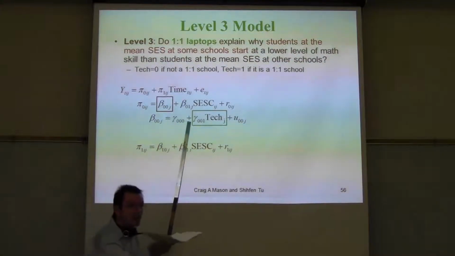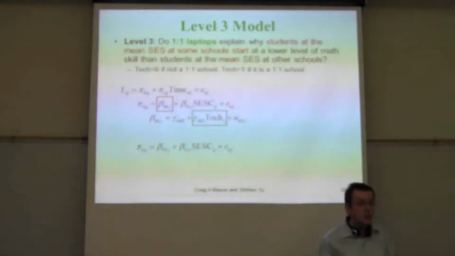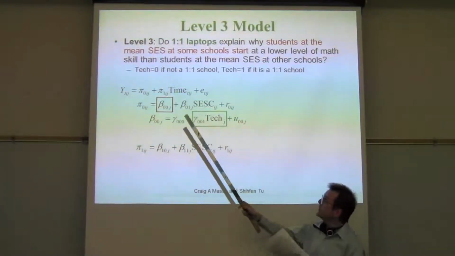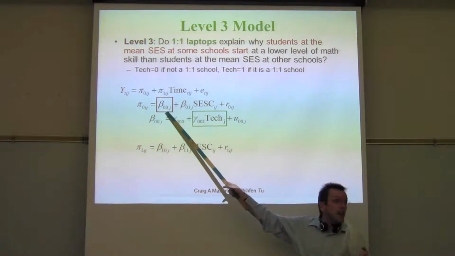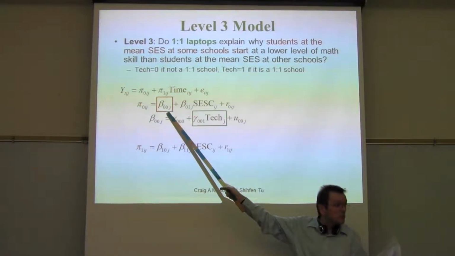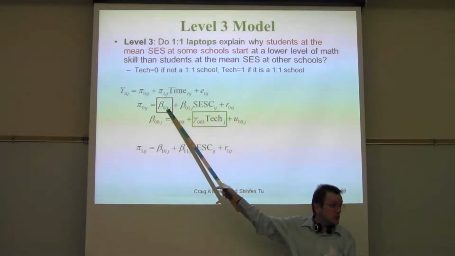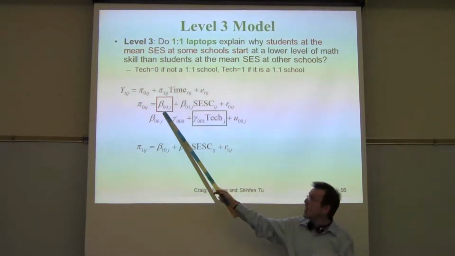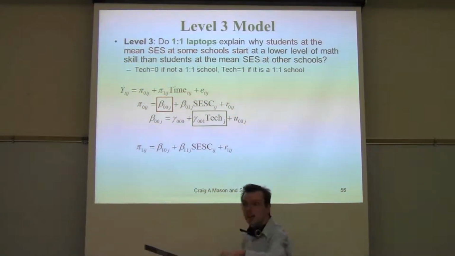So kind of that average student at each school, what's their baseline score? That's what beta 00J was. And it's a J. The J tells us, oh, that's right, those J schools, those 25 schools. There's 25 beta 00Js, and we're going to try to predict those based on whether those 25 schools have laptops or not.